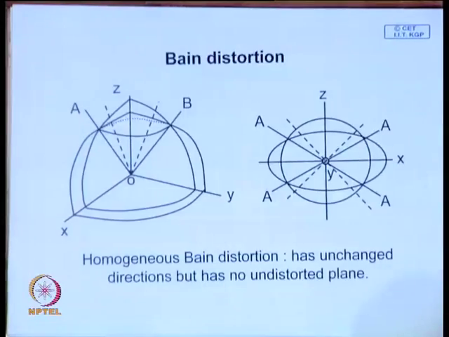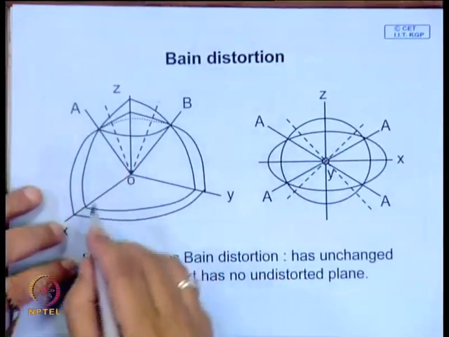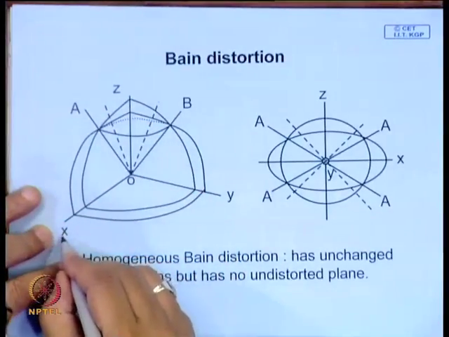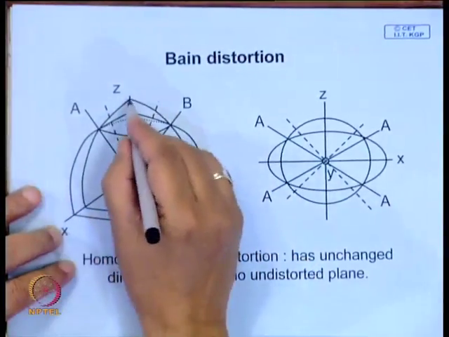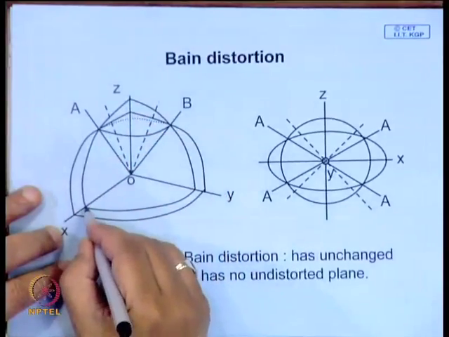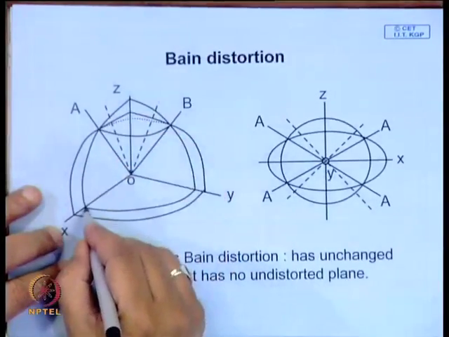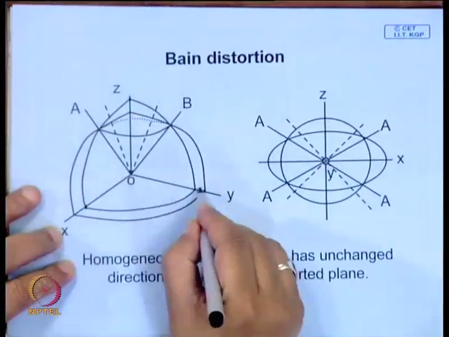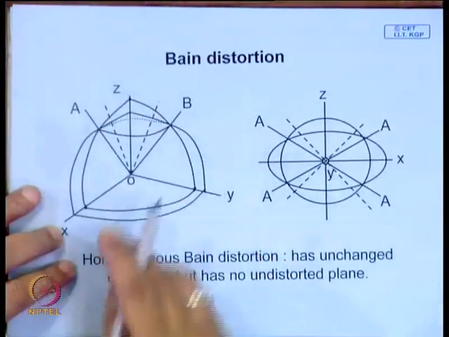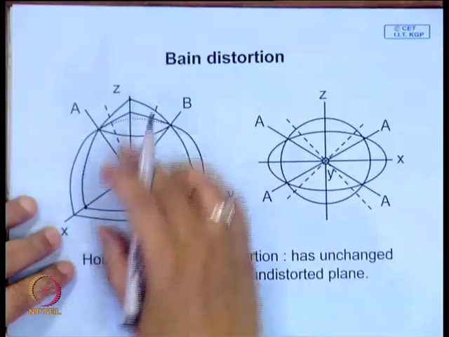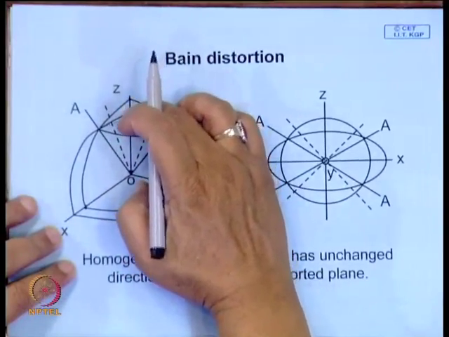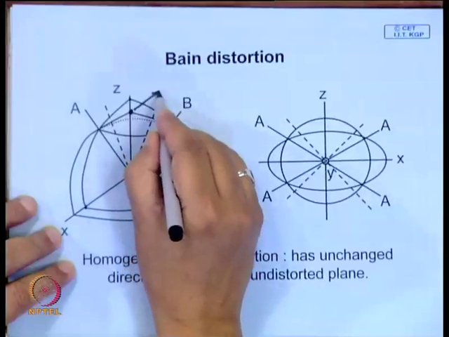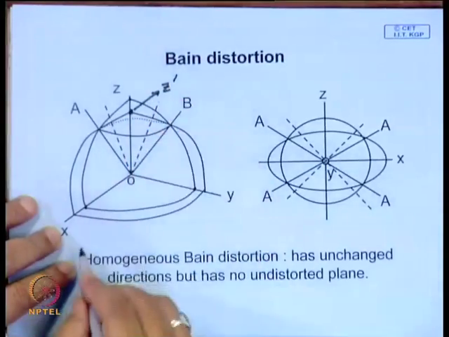To understand this, try to construct in 3D an isometric view. These are the x, y, z axes, and you have considered a sphere. This is one eighth part of a sphere, and now suppose you are compressing the sphere along the z direction. From here it comes to this point, let us say z star.